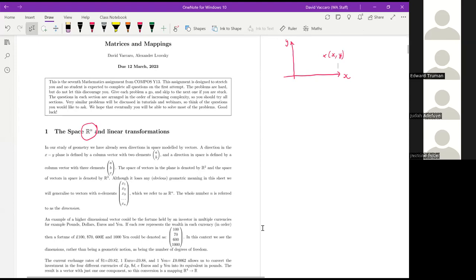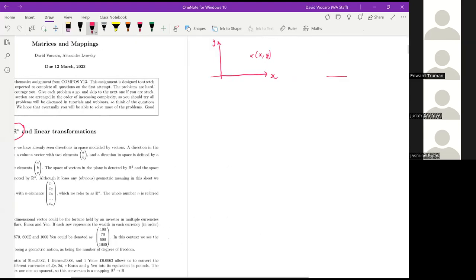And then when we're a little bit older, we move into 3 dimensions. And we can represent a point in 3 dimensions as a triplet x, y, z. Or alternatively, we can think of a point as having a position vector, which is the column vector x, y, or in 3 dimensions is the column vector x, y, z.